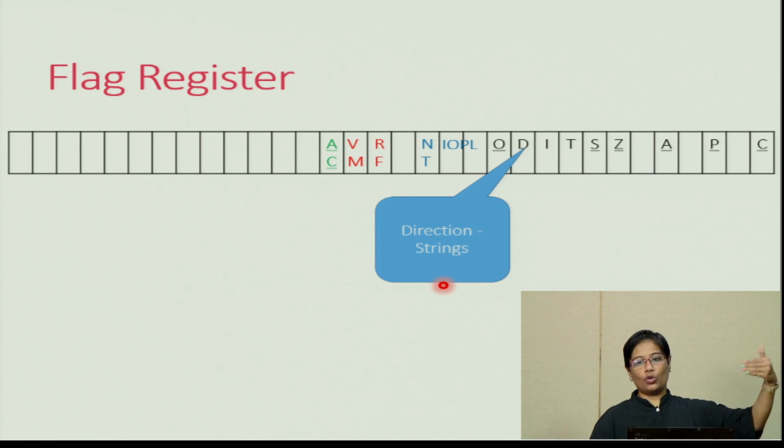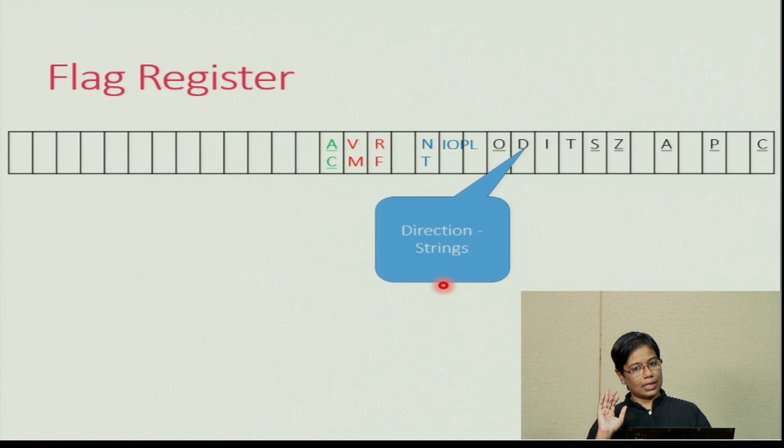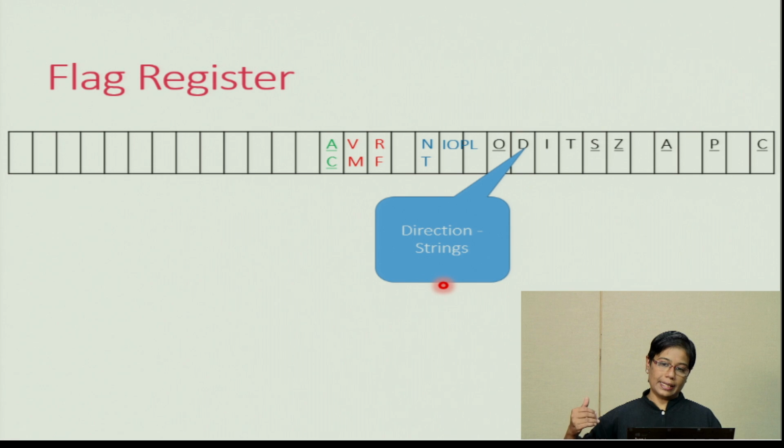So the direction flag is associated only with string instructions and determines the direction in which the string is going to be scanned by the processor, whether it starts from the first to the last data or starts from the last data and then moves upwards towards the first data.